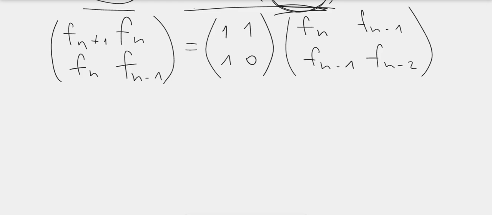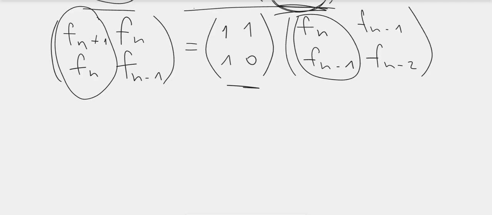When we multiply this matrix by the first column, this is exactly what we already verified previously, so we get the first column here. And when we multiply it by the second column, we get the second column here.